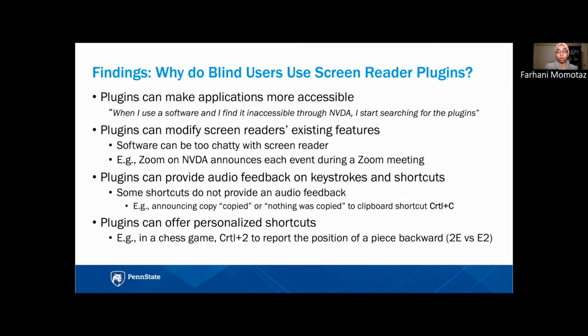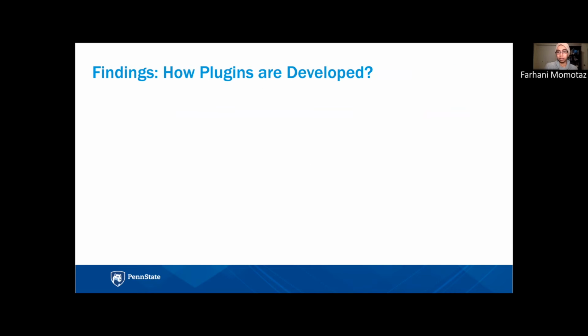For example, one of our participants who is a chess player created a plugin to introduce a personalized shortcut like Ctrl 2 to report the position of a piece backward, like the king is at 2e versus the king is at e2.